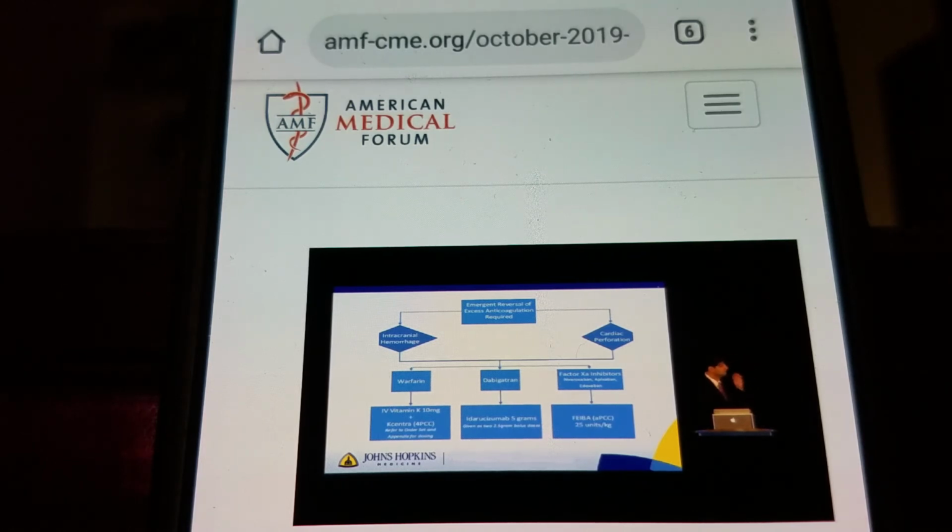If you bleed on dabigatran, there's a highly specific antidote called idarucizumab, and if you bleed on factor 10A inhibitors, we used to use this drug called FEIBA, which is an activated prothrombin complex concentrate, until recently when this other drug, andexanet, got approved specific for 10A inhibitors.